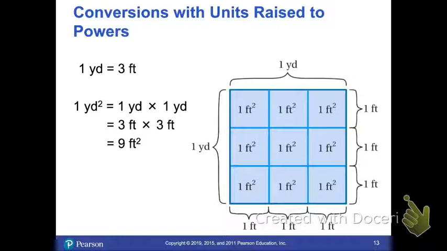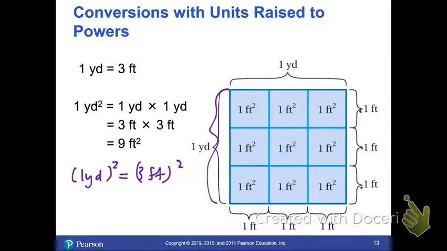I might want to get square feet, and so remember that in this case it's square feet. So 1 yard is equal to 3 feet, 1, 2, 3 feet. And how many total square feet would that be? You can think of 1 yard is equal to 3 feet, and we're going to just square both sides.